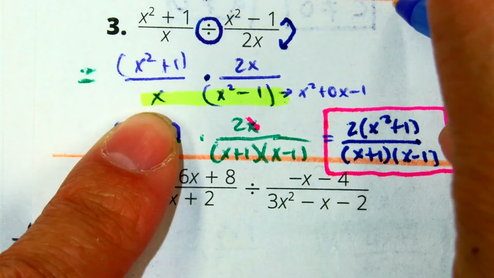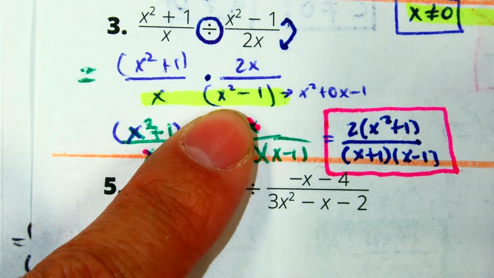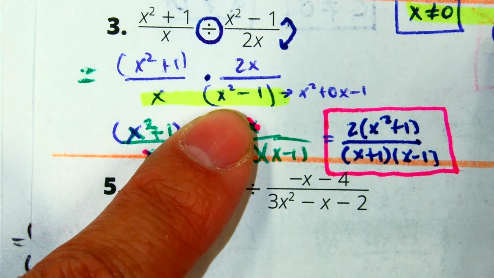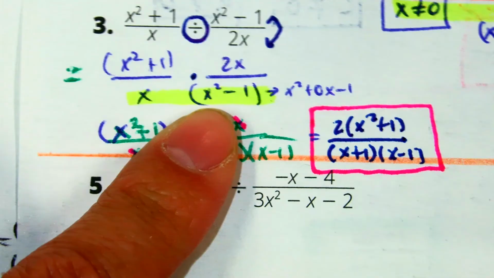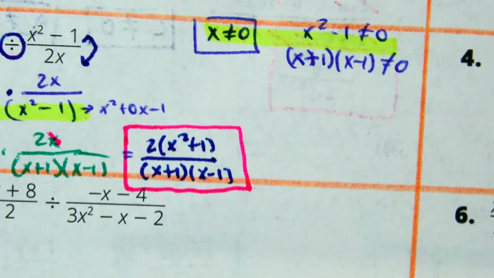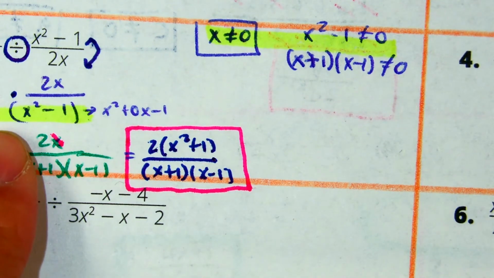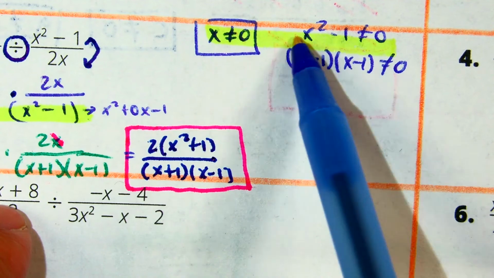That's an answer. Remember, x squared minus 1 can be factored to x plus 1, x minus 1. So I'm setting those in yellow, not equal to 0. This is already a 0. This factors.